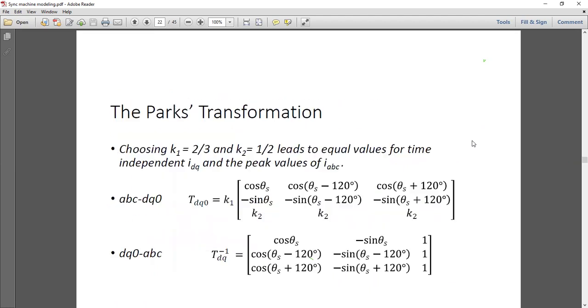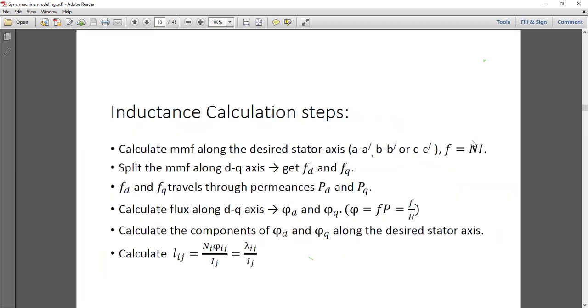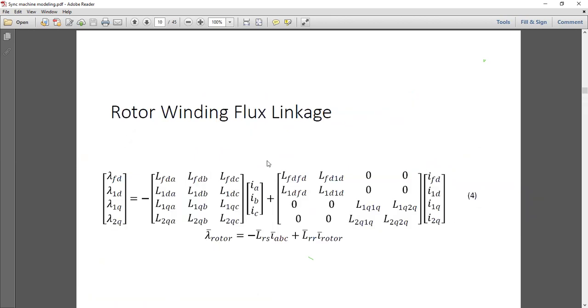So lambda FD is minus LFD A IA plus LFD B IB plus LFD C IC. Of course, this IA, IB, IC has to be transformed with the help of the TDQ0.